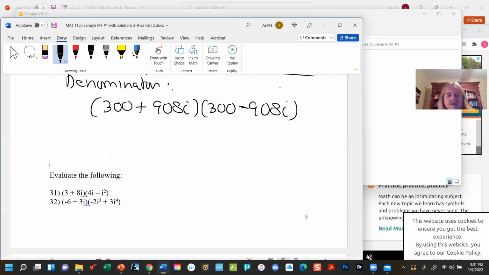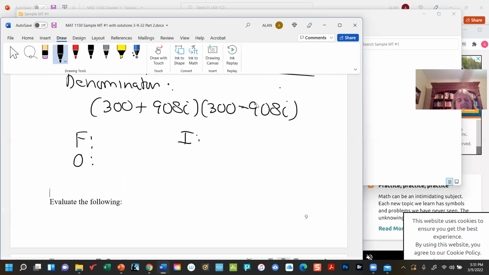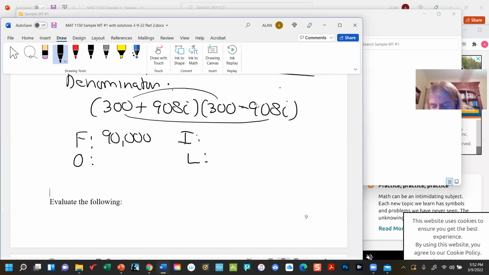All right, so when we do the FOIL here, it'll turn out to be a constant, which speeds things up a little. All right. 90,000, that's FO. Negative 272,000. 400i.